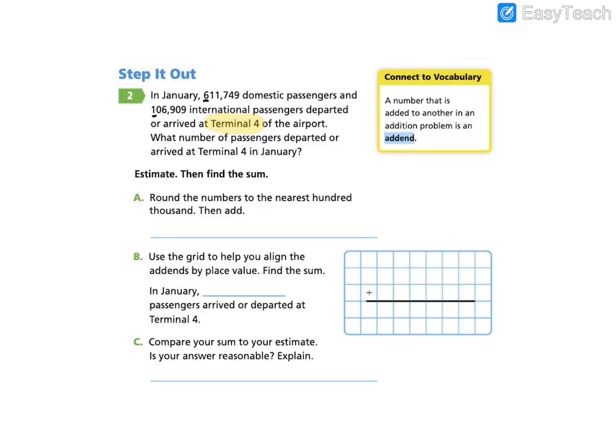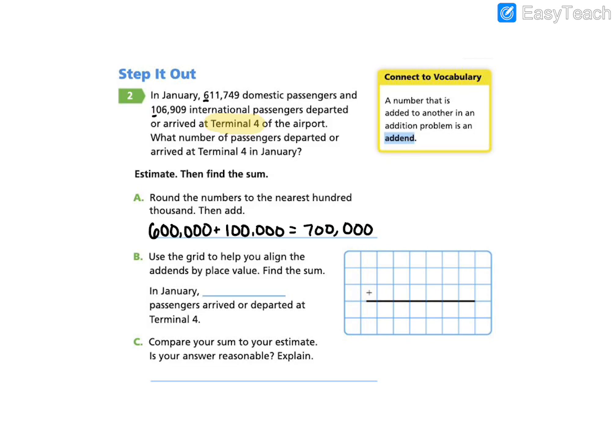Pause if you need more time. So go ahead and check. Your estimate should be 700,000. Use the grid to help you align the addends by place value. Find the sum. Okay, so this one doesn't have it written out with the place values at the top. We need to make sure that we keep our place values aligned.